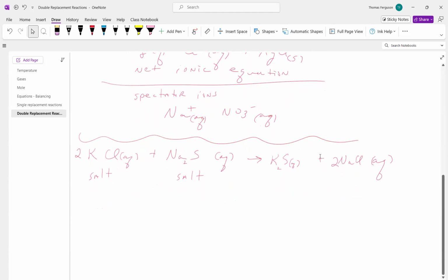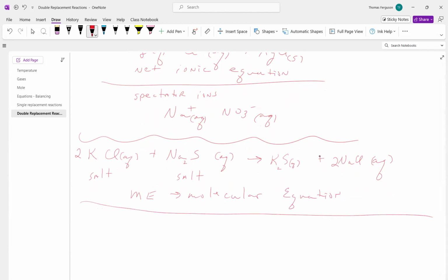All right, so that's the molecular equation. Sometimes they abbreviate that as an ME. Guess what TIE stands for? Total ionic equation.